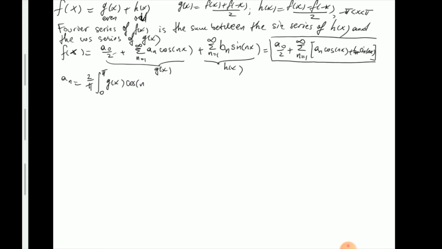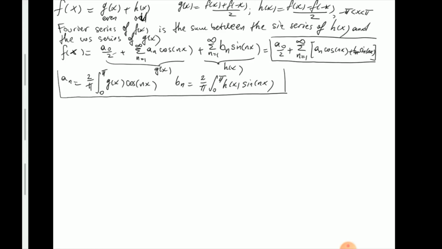Now notice I'm taking it between 0 and pi because the function is even on that subinterval. And then bn will be 2 over pi, because that comes from the sine series, the integral from 0 to pi of h of x sine of nx. So we can leave the formulas like that.